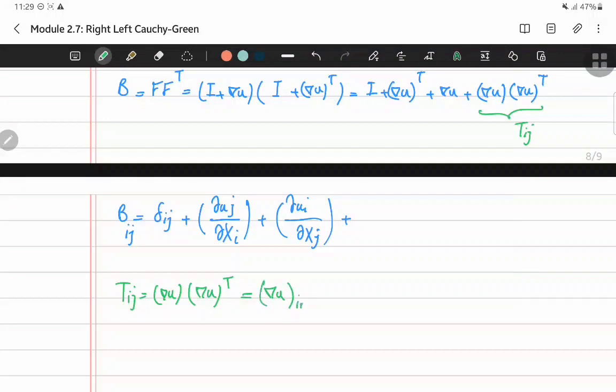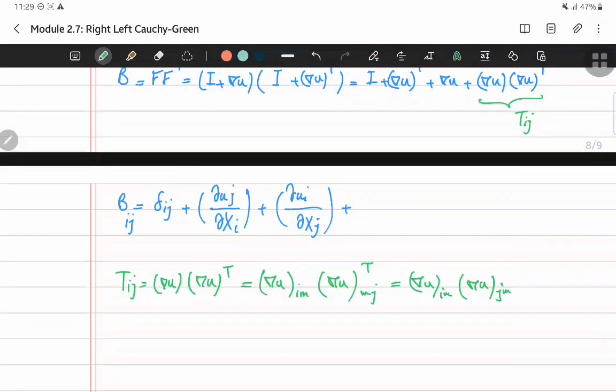So I have Im and I have del U mj transpose. So this is basically del U im, and this becomes del U jm.